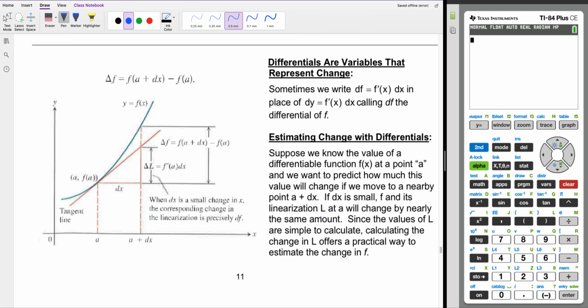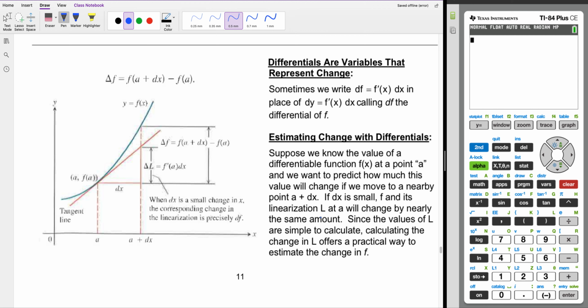So if I look at, for example, trying to estimate some small change away from A here, the tangent line would be a good estimate because the tangent line happens to go through A. But if I wanted to estimate a change, let's say, over here, starting at this point, well, the slope at this location is vastly different than the slope of my tangent line. So the estimator from the tangent line slope is not going to be anywhere near as good as it would be for a tangent line that would be in this neighborhood.